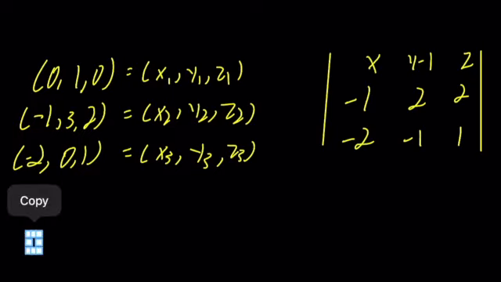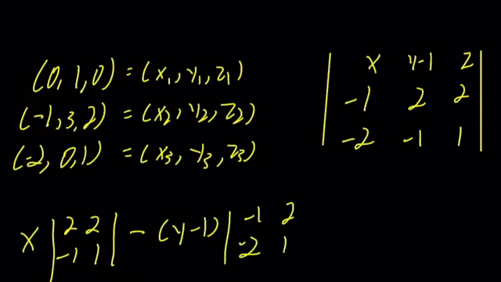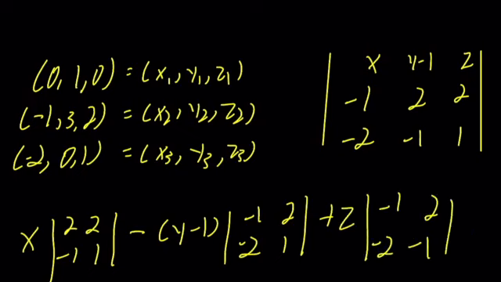Where you have x times determinant of 2, 2, negative 1, 1, minus y minus 1 times determinant of negative 1, 2, negative 2, 1, plus z times determinant of negative 1, 2, negative 2, negative 1.